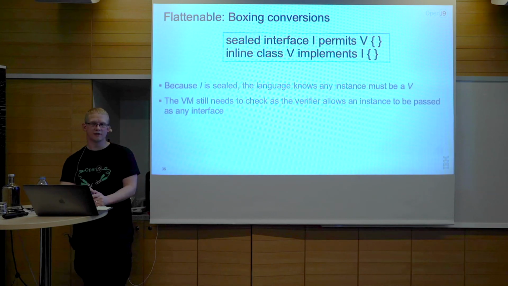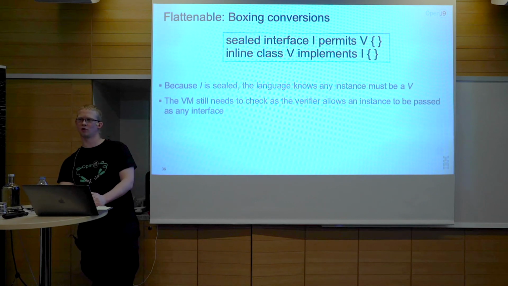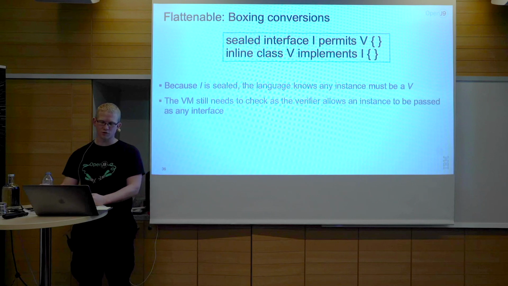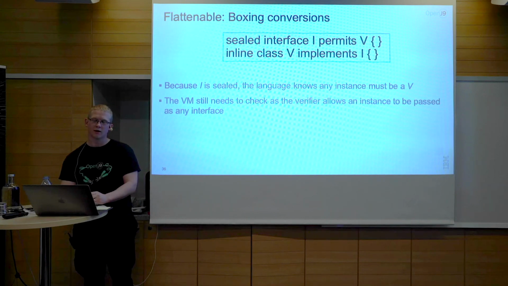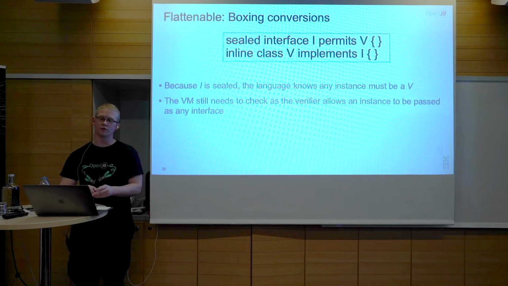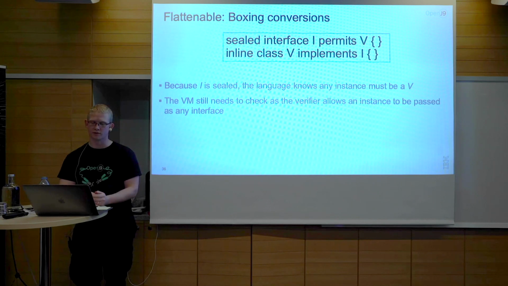And because I is sealed, when we get sealed types in the JVM, I don't know what the date for that is, nobody knows, but when it actually shows up, we can build on top of that and use that to say, look, there only ever will be one implementation of this. And so the language can use this feature when it's generating code to generate you better code.